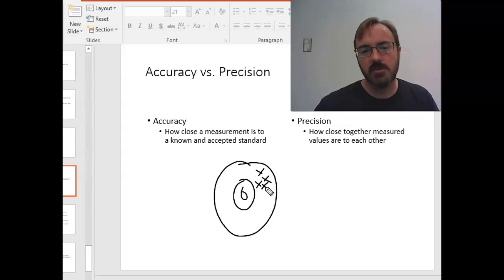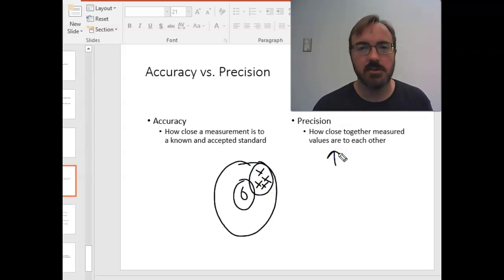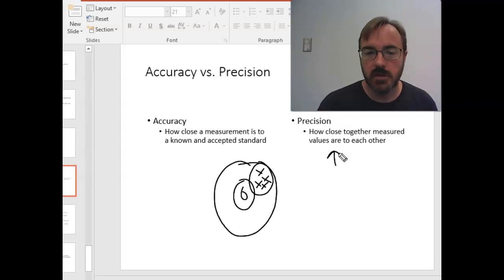You're having your sights off because you can correct your sights, and at least you're getting a consistent, what we call, grouping in there. This would be called precision. All right, is how close together the values are to each other. And in science as well, we can say this is not actually that bad of a thing. I can correct for it. So if I had a thermometer that always gave me +3 degrees, that'd be okay.